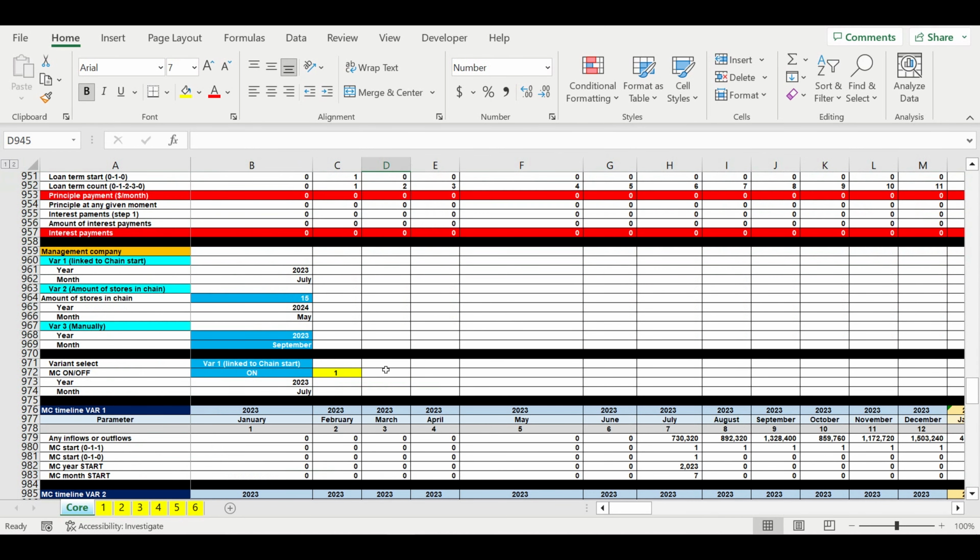Then we start talking about management company. So we have four variants of when management company will appear. So first variant is when we're gonna open the first store in our chain. So the management company will be linked to the first store of a chain.